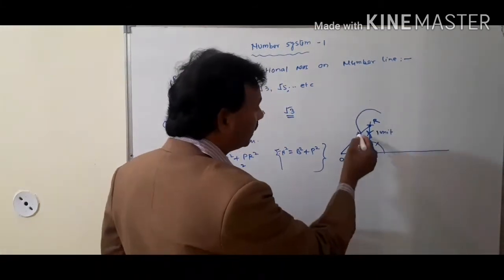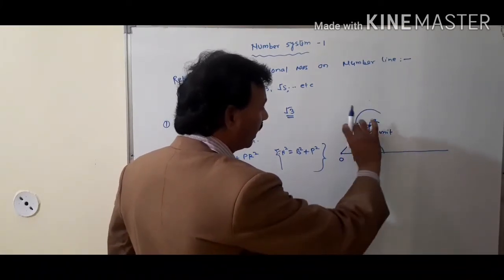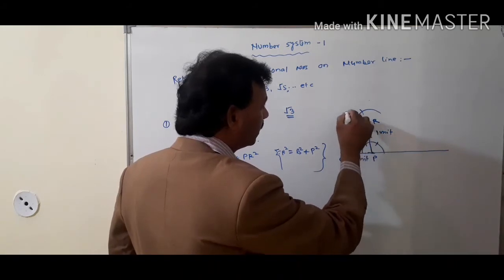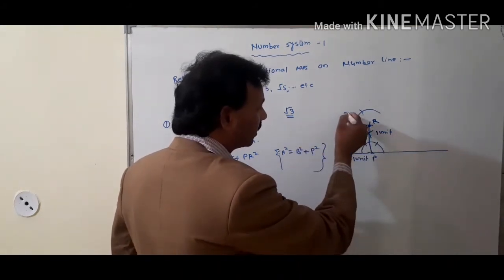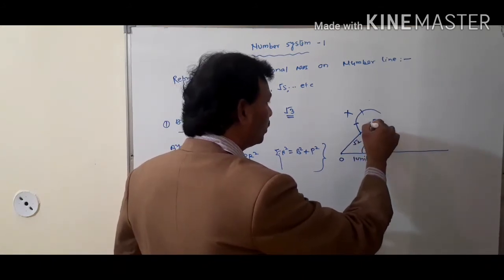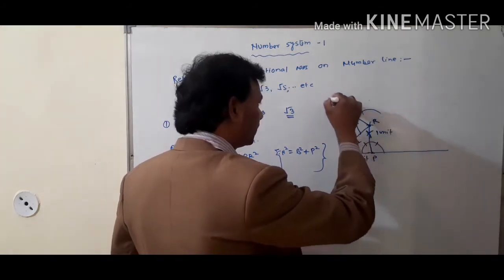With the same radius, cut two arcs from here, like this, and from here, like this. Again from this, cut another arc on the upper side. And join O to this intersection point with the help of a scale.